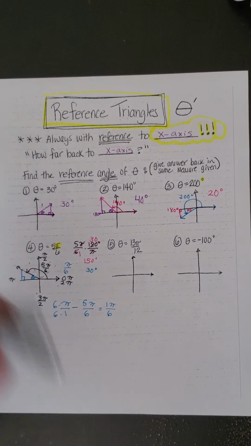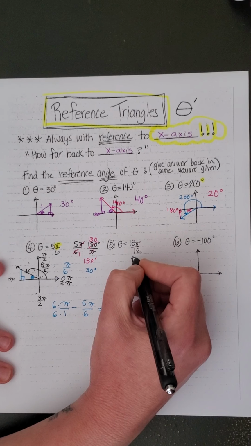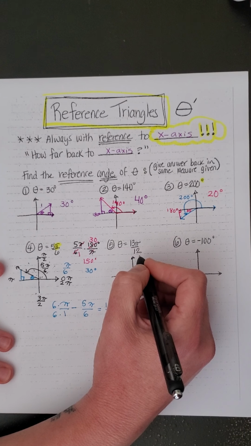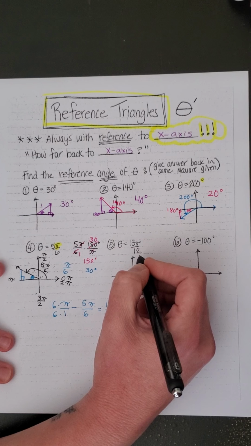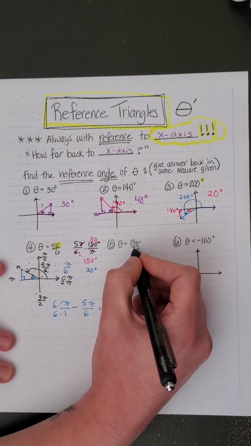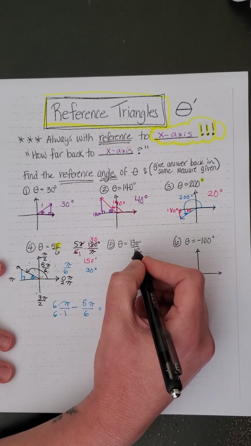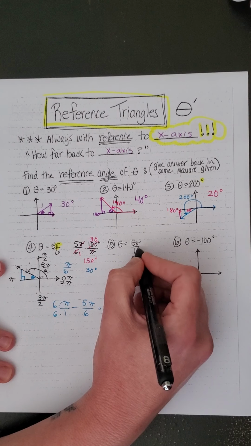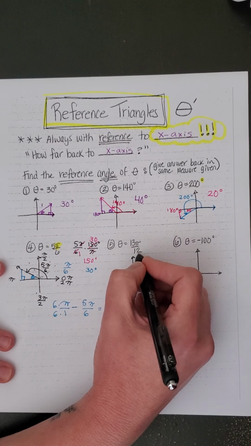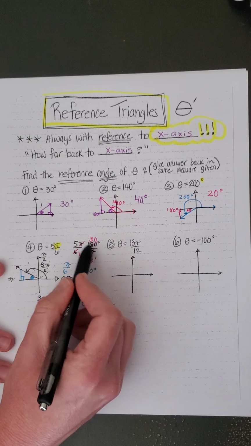All right, again, I'm going to do both of these. Actually, since I would have a 12 in the denominator this time, I would definitely use this method instead.